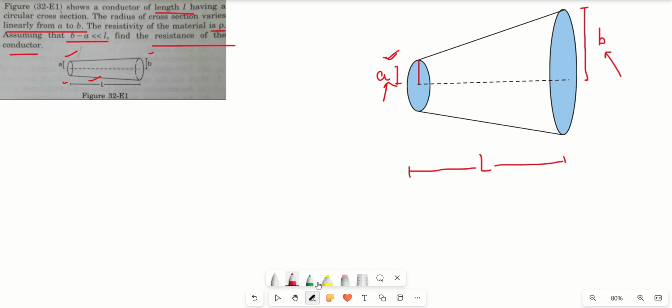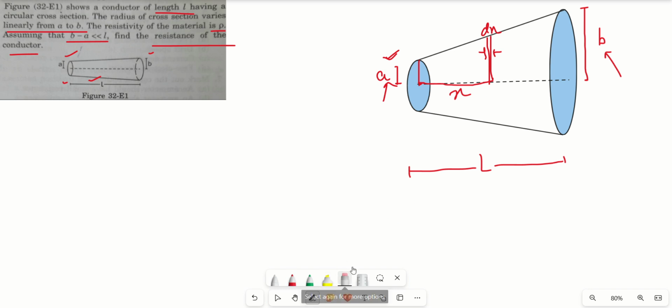I hope all of you know what integration is. So let's start solving this question. Now let me take a distance x from A. Let's say this is distance x, and let's take an element here, which will be a very small length. I will name this as dx.